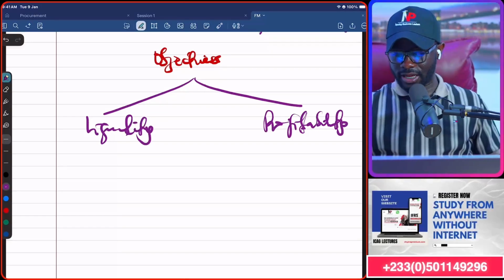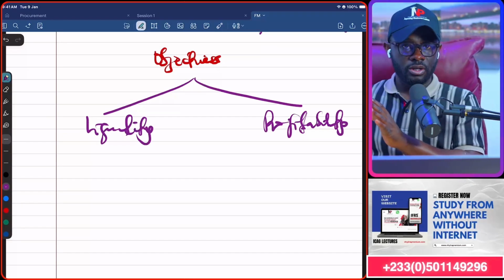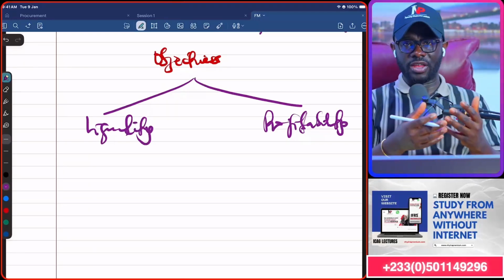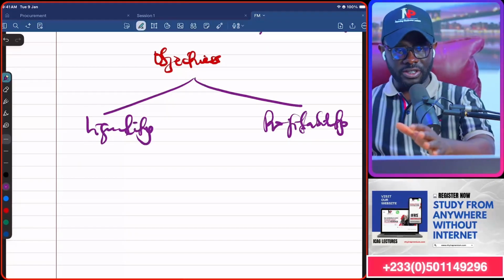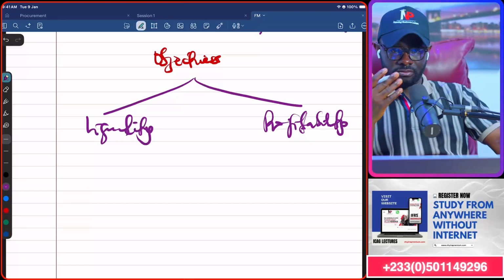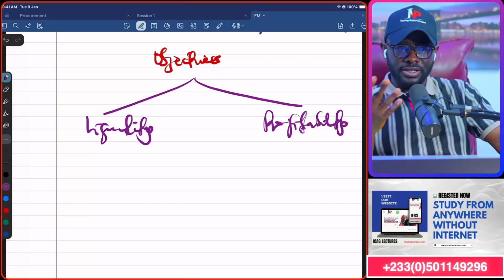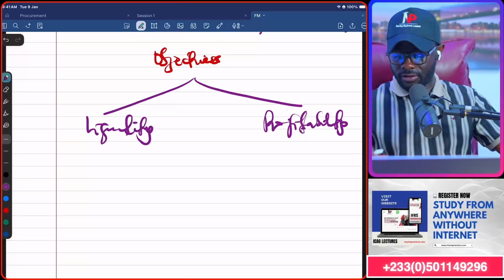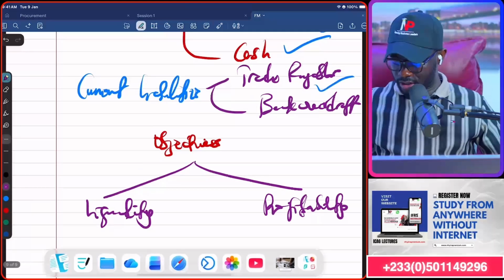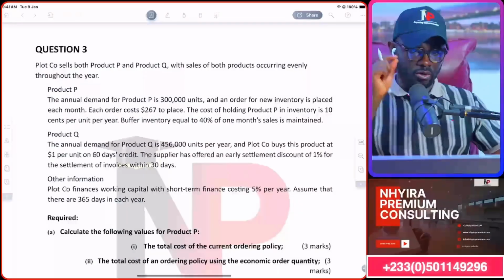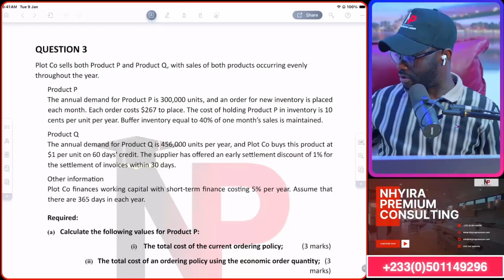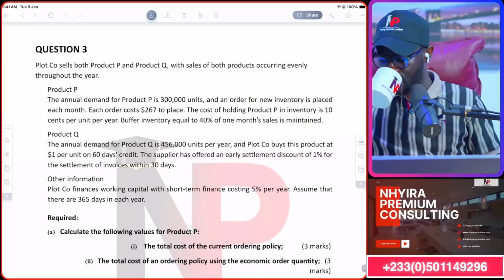Liquidity, meaning we have enough cash available; profitability, increasing our profit, and then maximizing the wealth of our shareholders. Those are the two broad objectives. I'll come back to these, so let's go straight into the question, and stay with me carefully as we build this calculation.